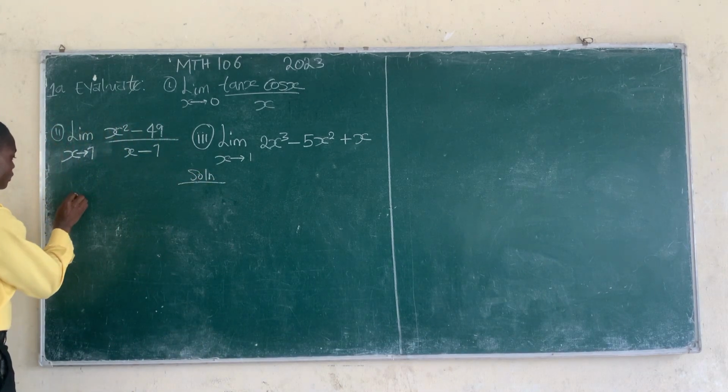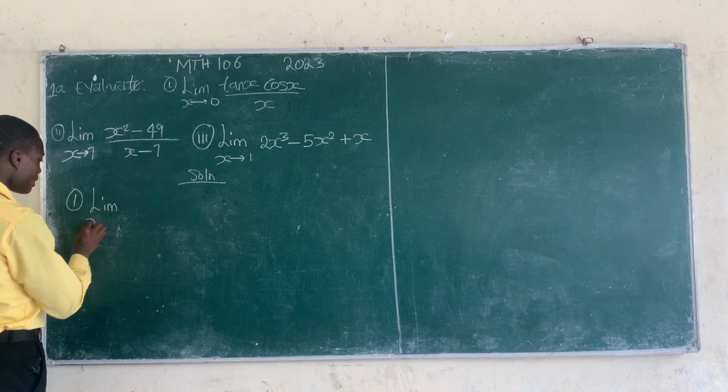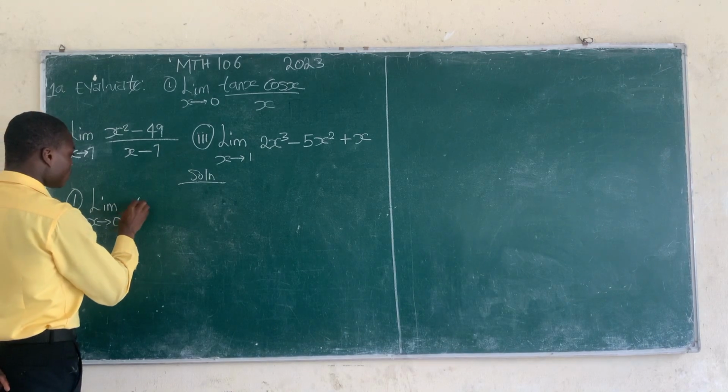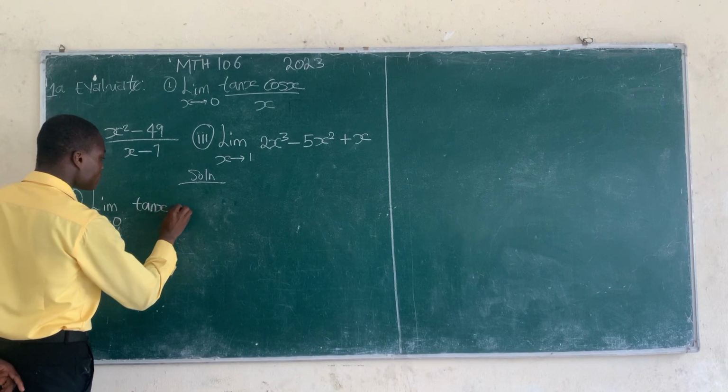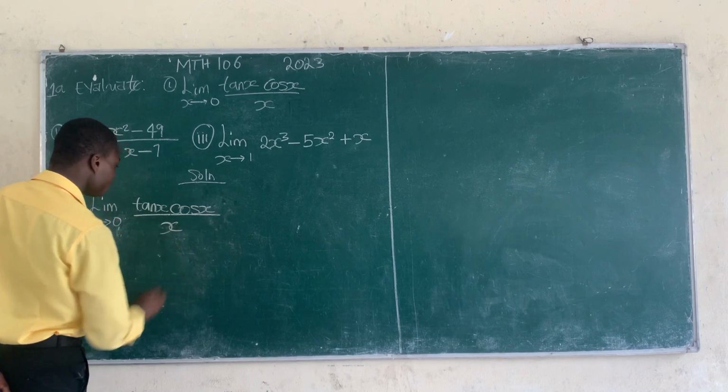The first one asks us to evaluate the limit as x approaches 0 of tan x cos x over x.